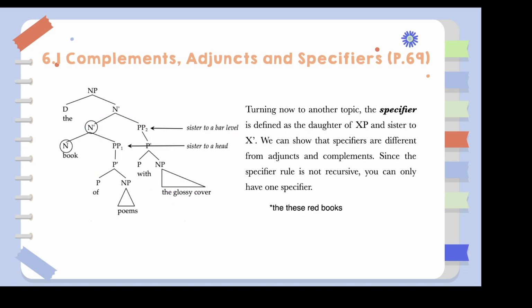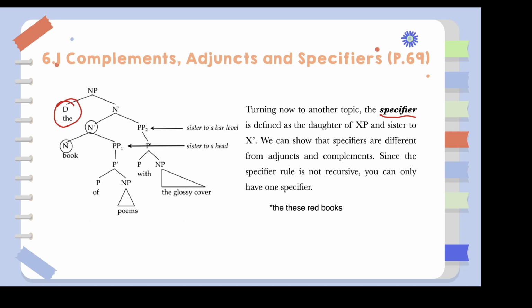Okay, and next, specifier. For the specifier, I would like you to think about the determiner, because the specifier is different from adjunct and complement. It is not recursive, which means it cannot be at the back of our head. The specifier is here, like the determiner.